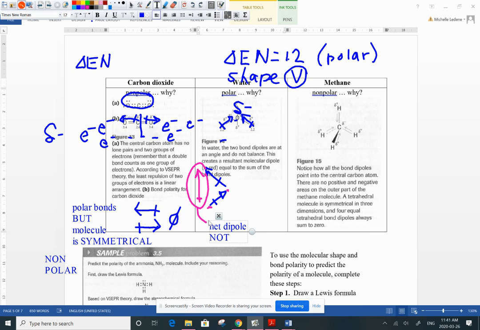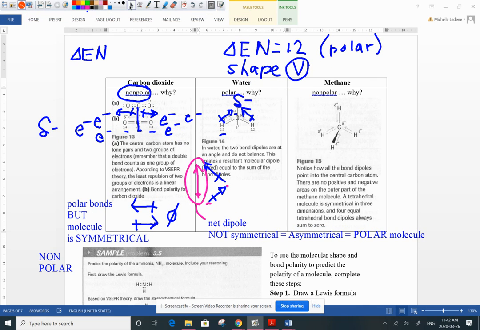Not symmetrical, another word for that, is asymmetrical. So that means this is a polar molecule. It had both polar bonds and a not symmetrical shape. So we call this an asymmetrical molecule, and we say it is polar.